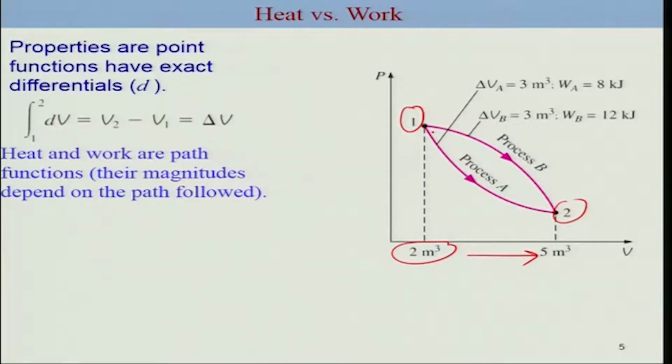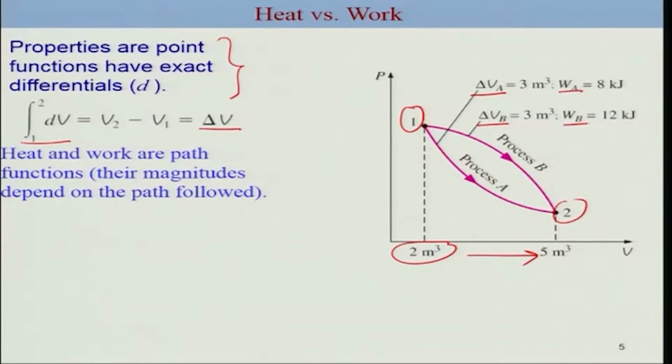Now, considering the volume itself is a state property or a point function, for both the processes your delta V will remain the same. Since properties are point functions, they have an exact differential. That means the integration of dV is simply delta V. But that is not true for work.